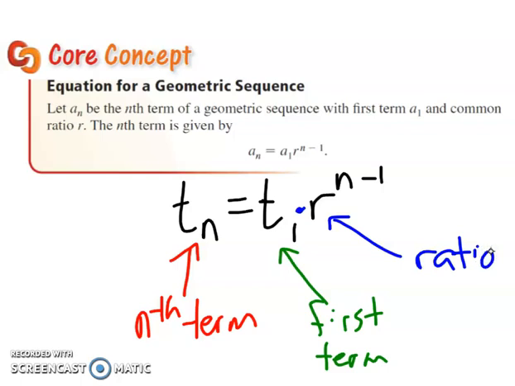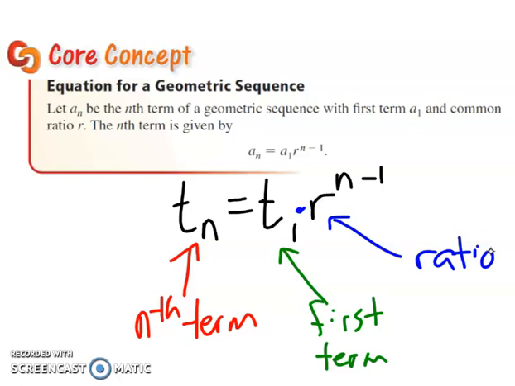Now, we might see it as a sub n is equal to a sub 1 times r to the n minus 1. We also might see it written as t sub n. So I wanted to put it both out here because sometimes they want the term, so the t stands for term. Some ask for a, some ask for t. It's the same thing, six of one, half a dozen of the other.